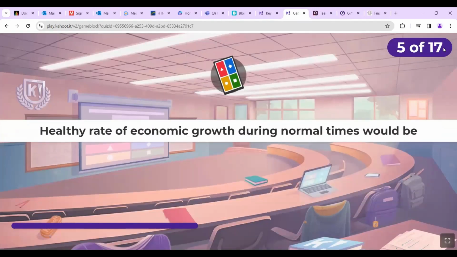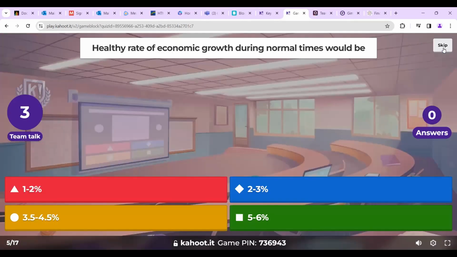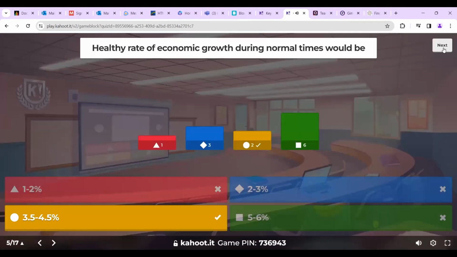So healthy rate of economic growth during normal times would be what? So 3.5 to 4.5%. That's a pretty healthy rate of economic growth.